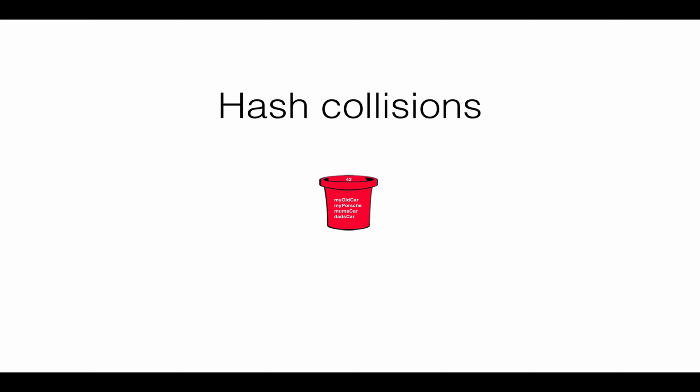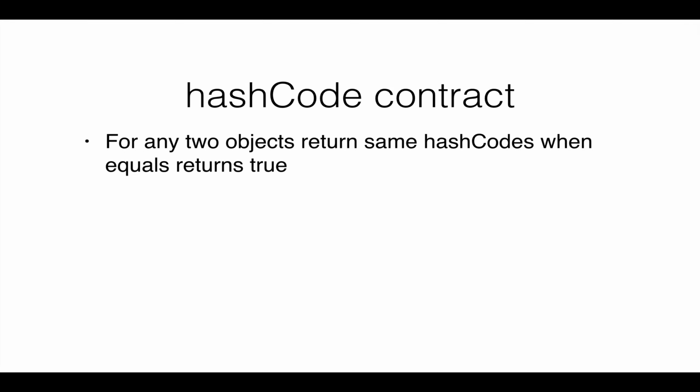Okay, now that I have talked about the general idea of the hashcode method, I have to further tell you about the contract that the hashcode method has to fulfill. The first condition that has to be fulfilled by the hashcode method is: for any two objects, return same hashcodes when equals returns true.